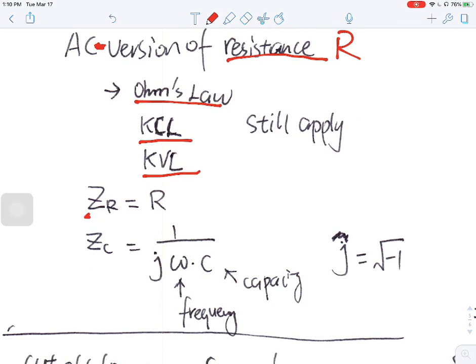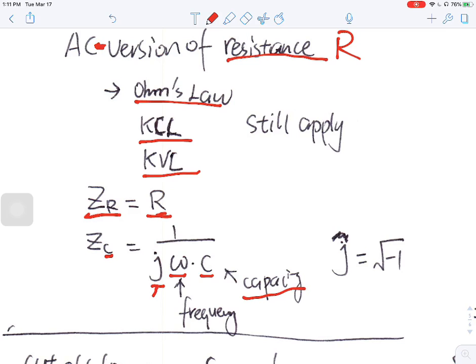And we usually use Z. If you add R, that's just resistance. If you have Z subscript C, that represents the impedance from the capacitor. So ZC equals 1 over J omega C. And here omega is a frequency and C is the capacitance of the capacitor.